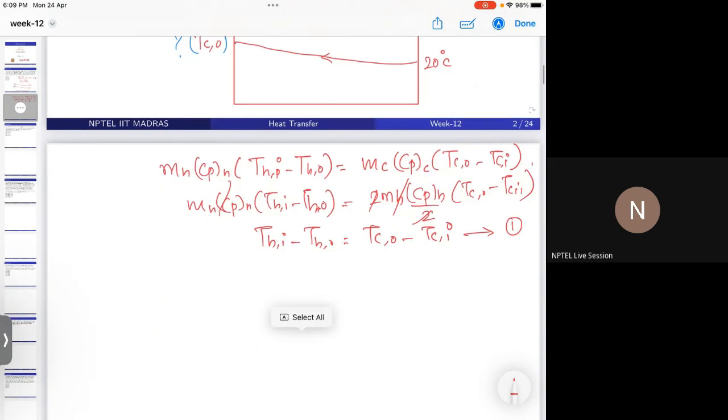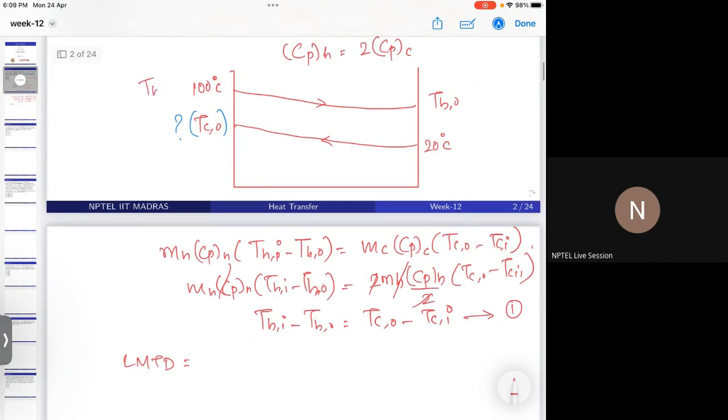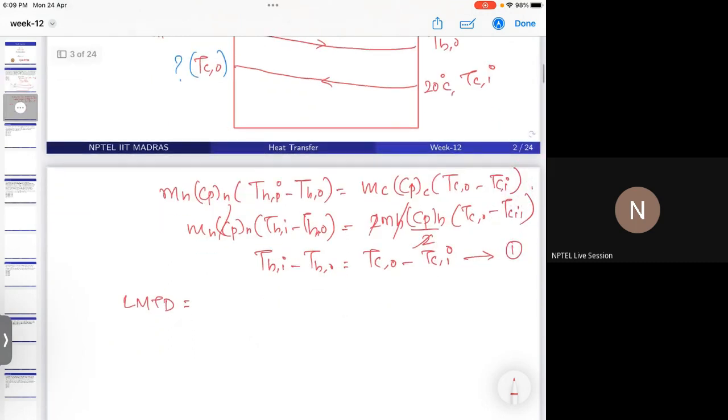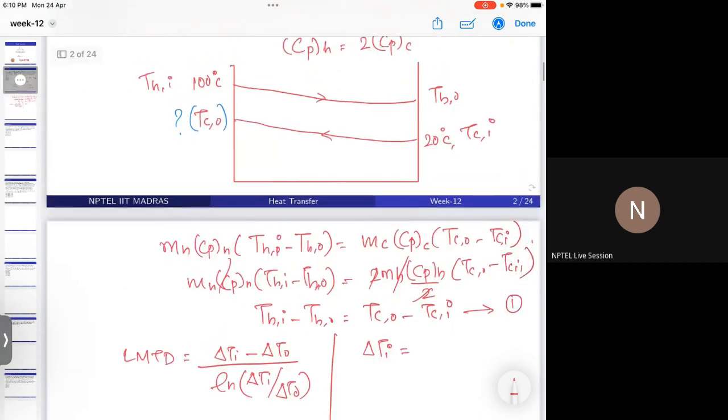Okay, so what is the LMTD? If I take THI and TCI, LMTD is delta Ti minus delta To divided by ln of delta Ti by delta To. What is delta Ti? The inlet difference is THI minus TCO.